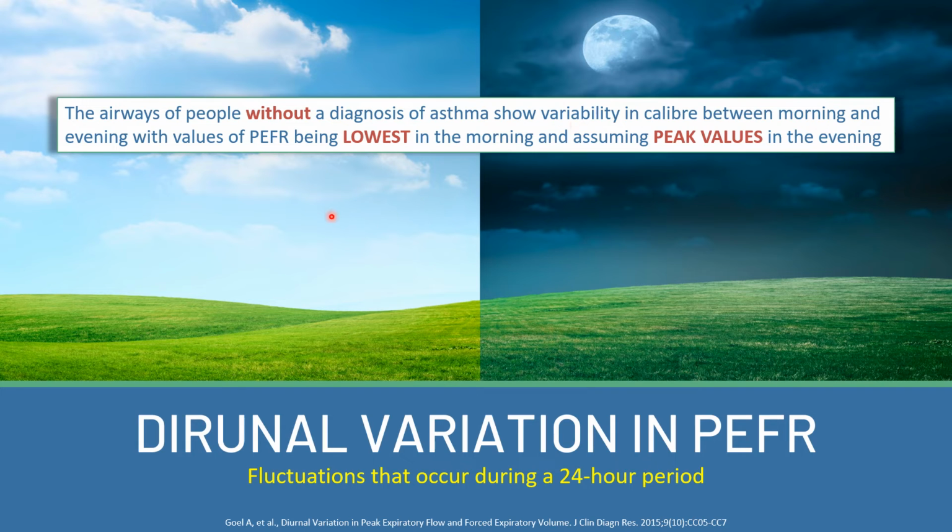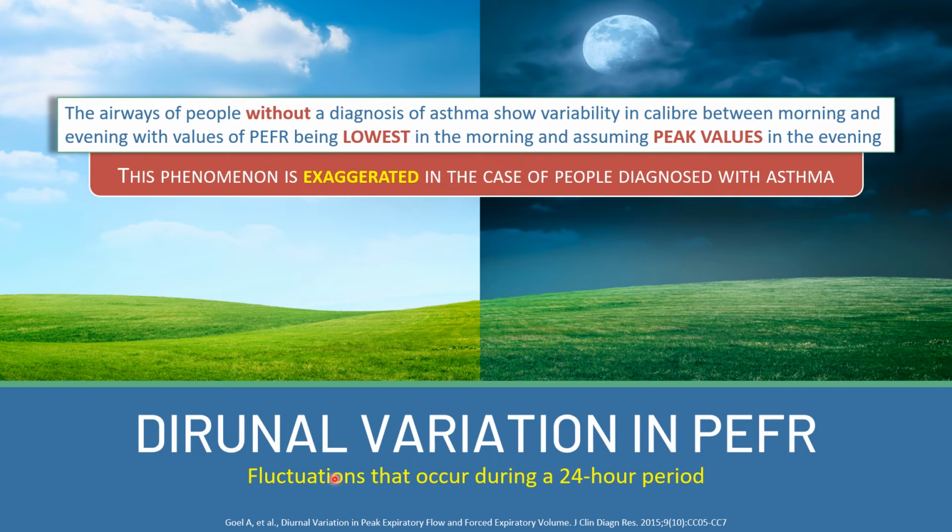In the middle of the night, what often happens is your airways tighten up a tiny little bit. And the purpose of that is to stop us accidentally inhaling something that is potentially harmful to us in the middle of the night. So it's a normal, natural, physiological action of our bodies. All of that will happen to us tonight. It's perfectly normal. However, in people with asthma, it's exaggerated. So it's made much worse.